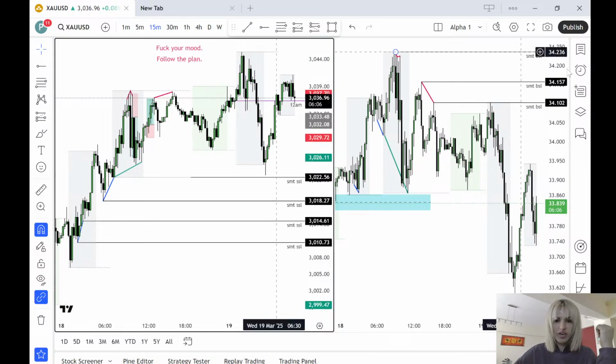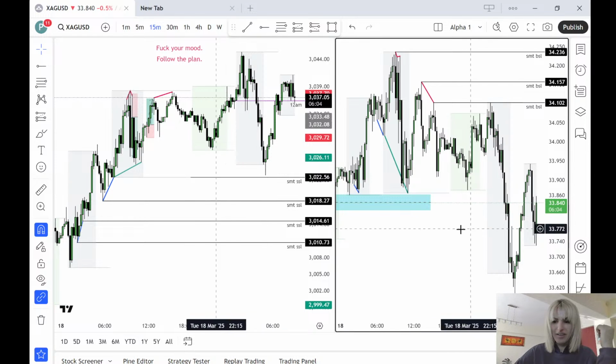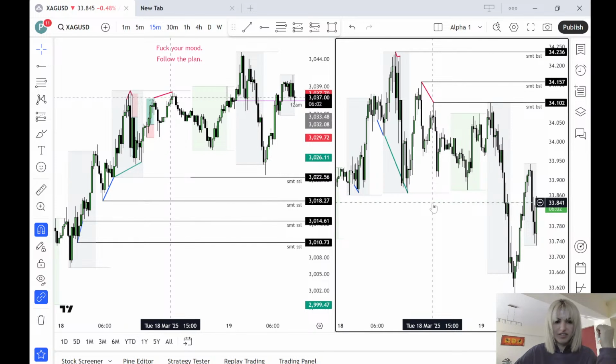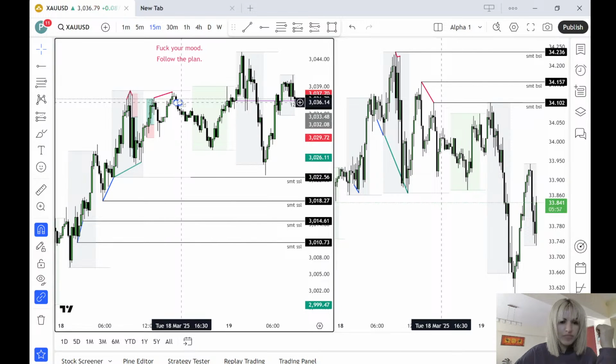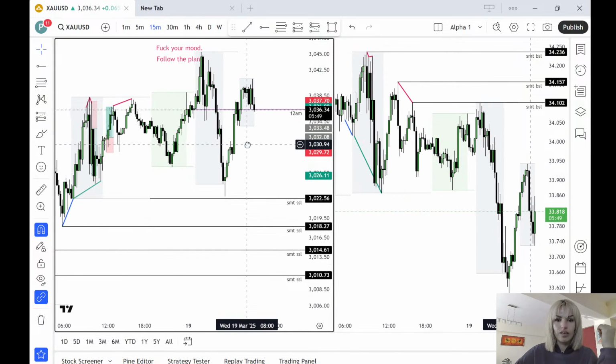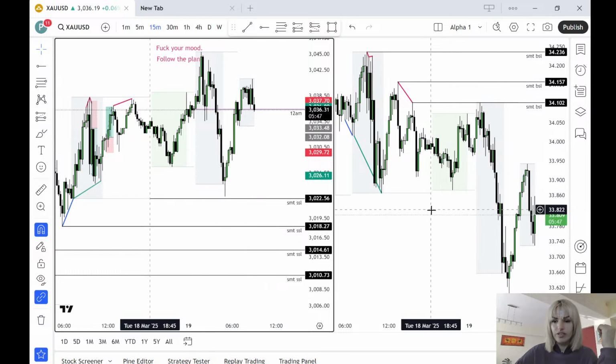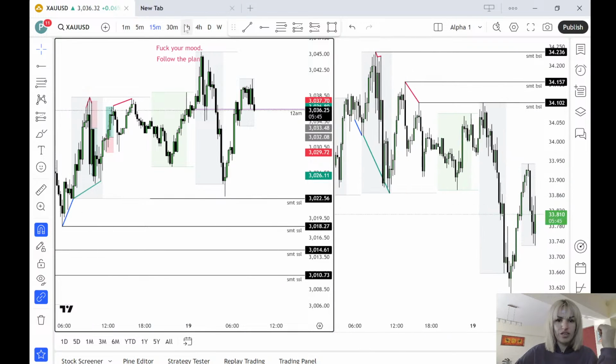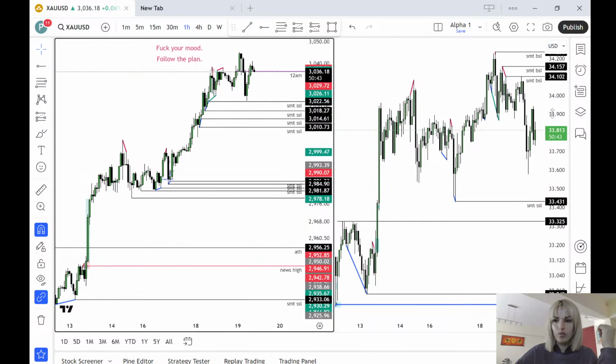Okay, you guys, if you have any other tips and tricks on how to use different stuff from TradingView in an efficient way, you can send them over.